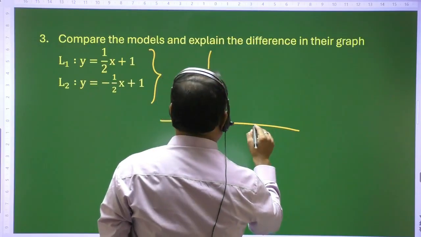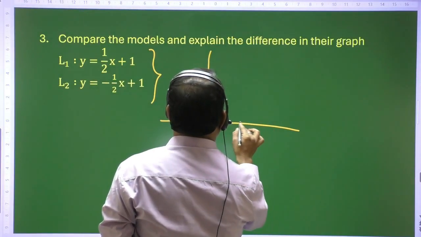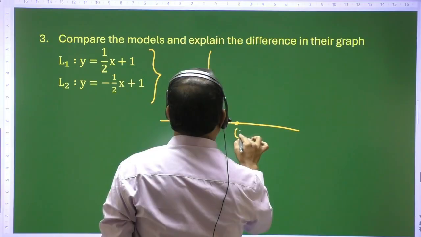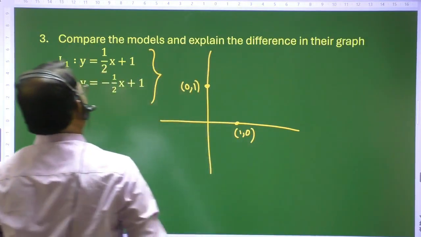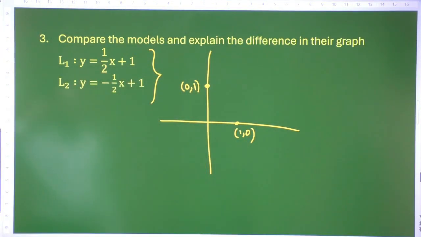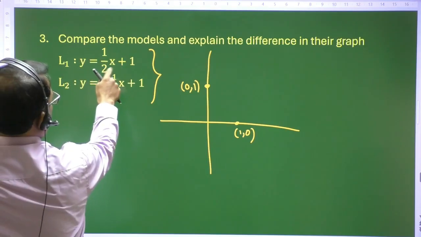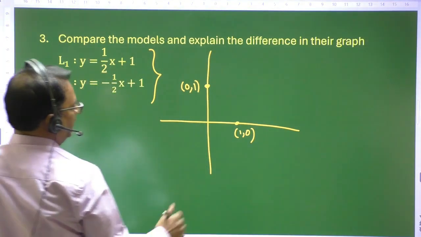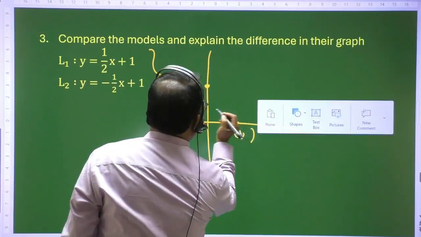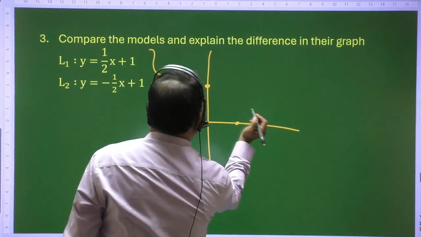First I put x 0, then y 1. Okay, if x is 1, then y is 3 by 2. Slightly mistake here in calculation.